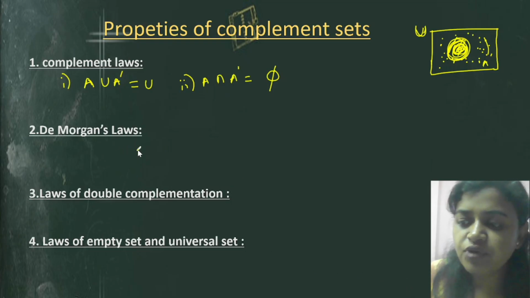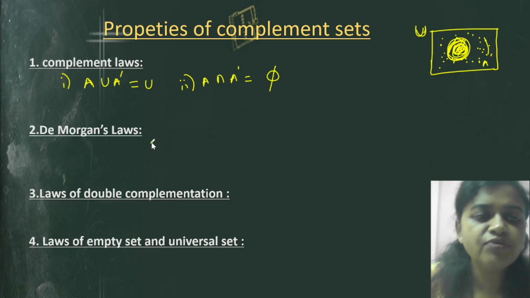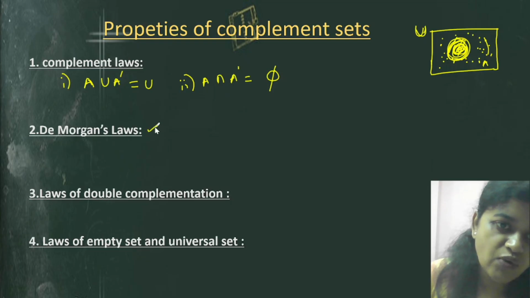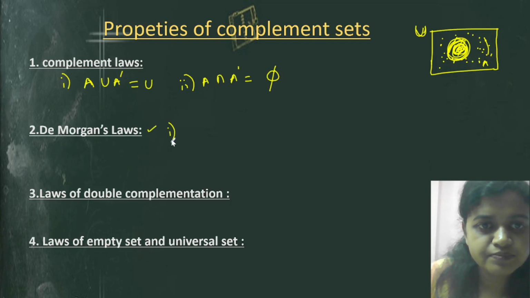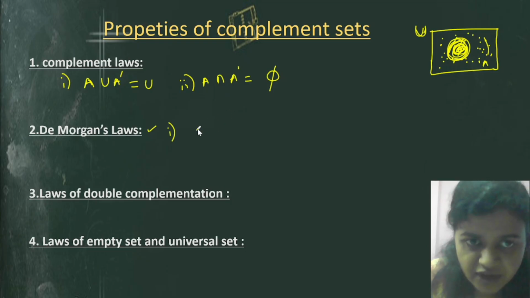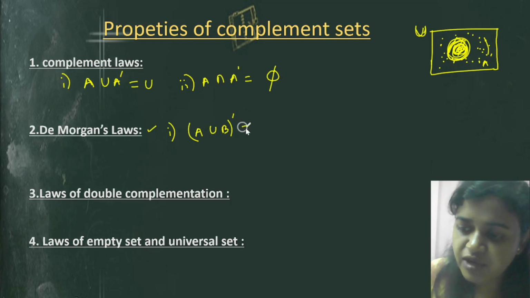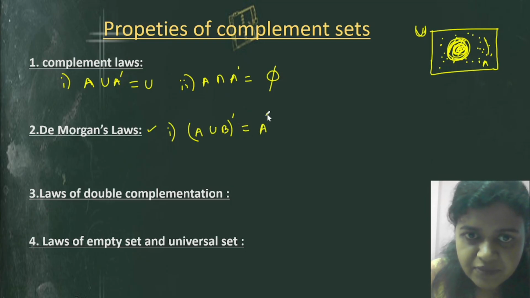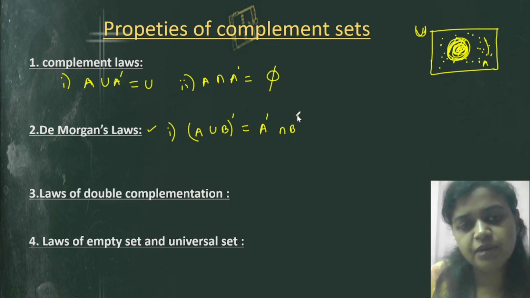Okay. Now we'll find out De Morgan's law. What is De Morgan's law? De Morgan's law is that if I find A union B and its complement, we'll get A complement intersection B complement.